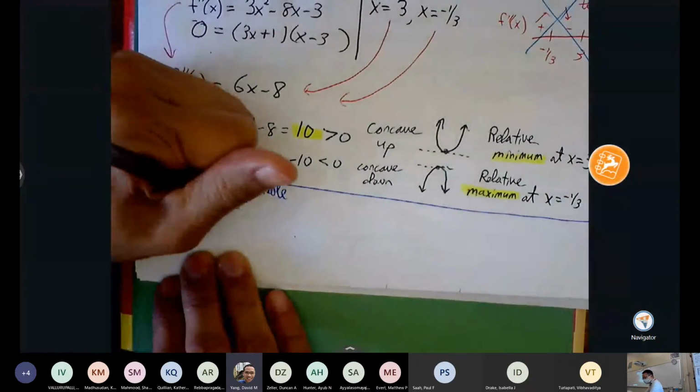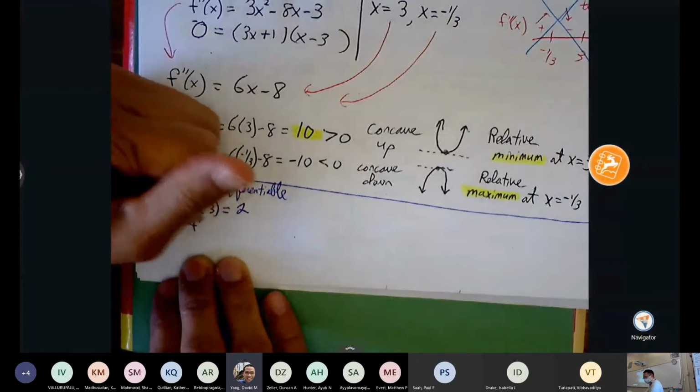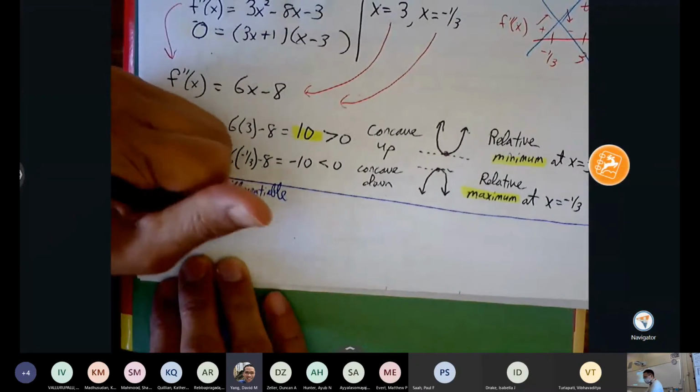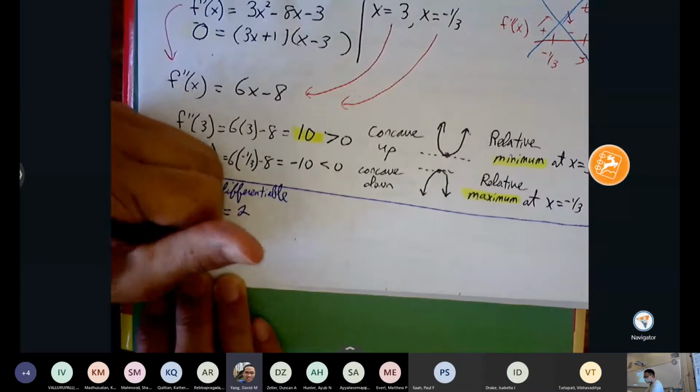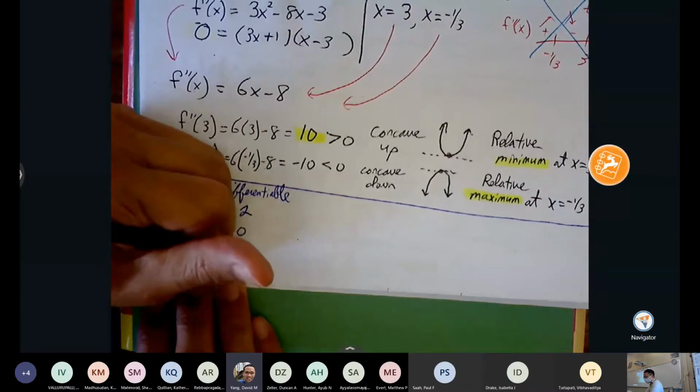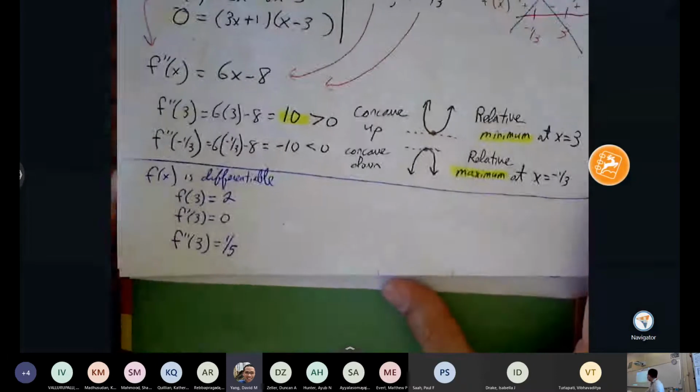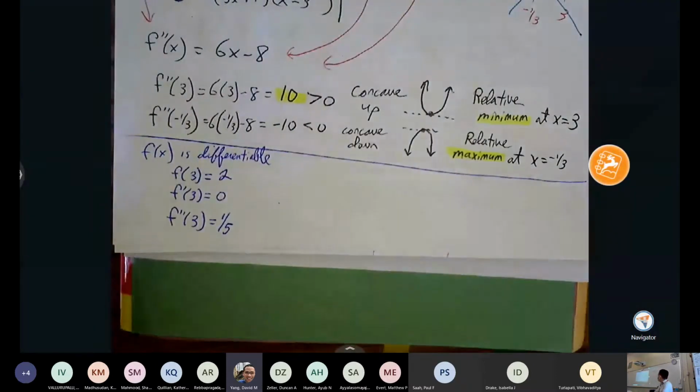F of 3 equals 2. F prime of 3 is equal to 0. And F double prime of 3 is equal to 1/5. Based off of this information, we want to know what conclusion we can draw about this point.